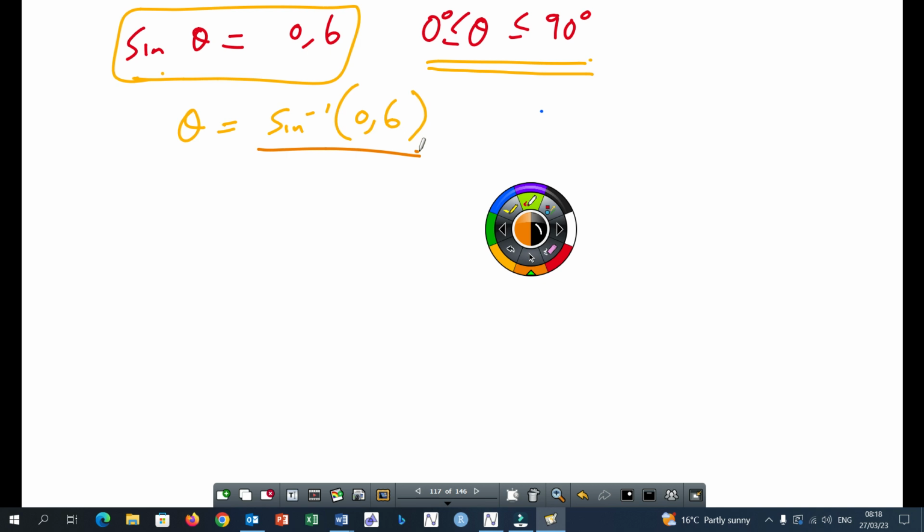The interesting part is it can be negative or positive, depending on whether this ratio is positive or negative. The moment you say shift sine, shift cos, shift tan, that's the reference angle. Because the trigonometric functions are periodic, you can use that reference angle to determine all the other possible solutions based on the CAST diagram. All right?